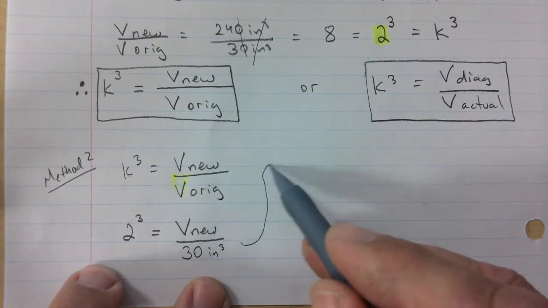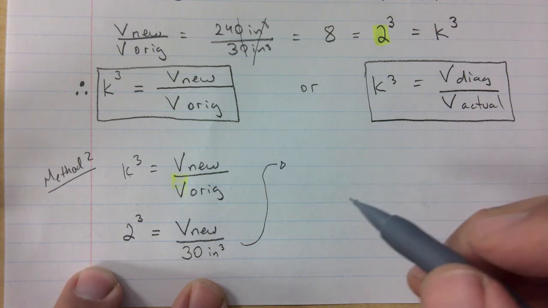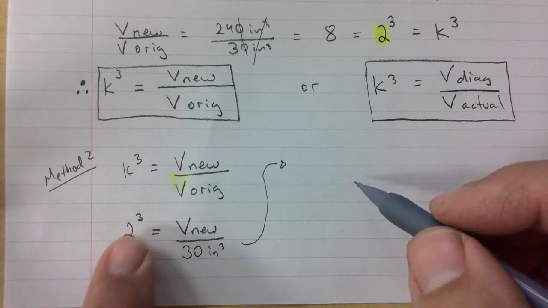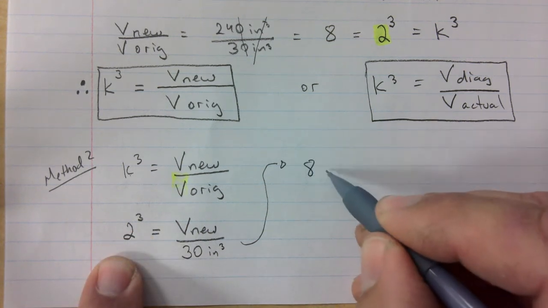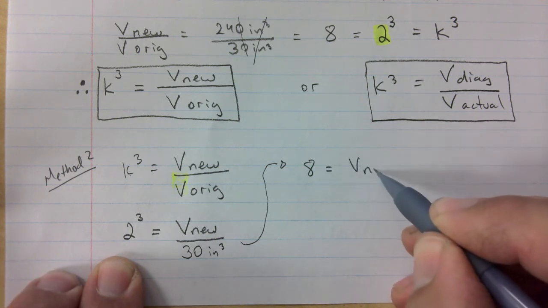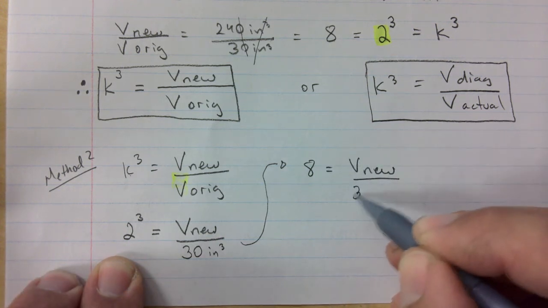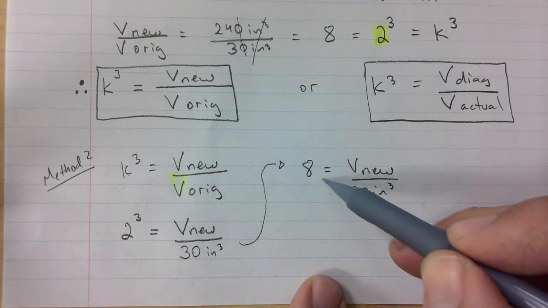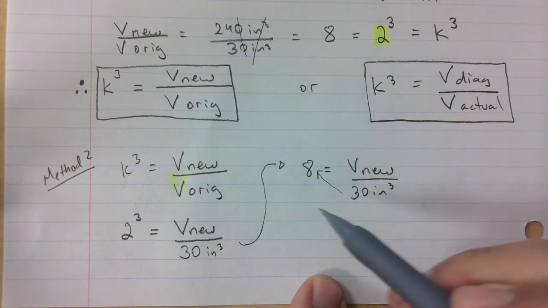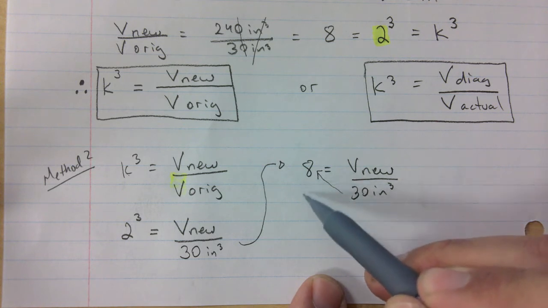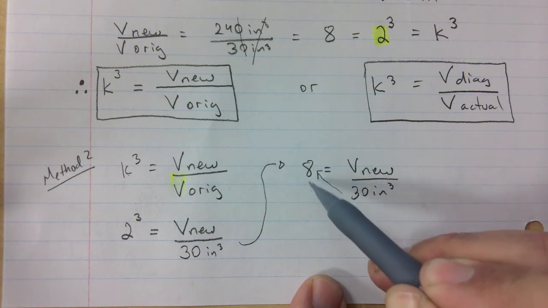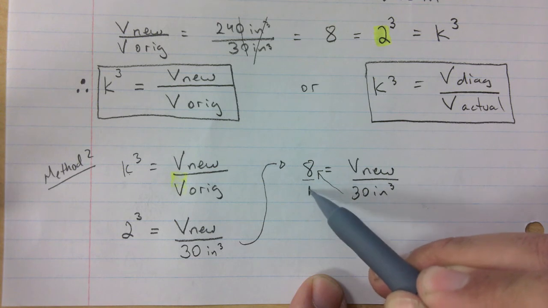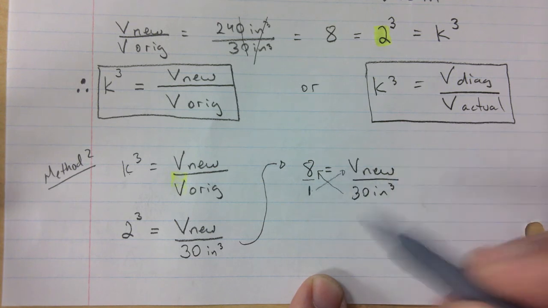I will continue over here. I find out what 2 cubed is, which is really 8. 8 is equal to volume of new over 30 cubic inches. You cross multiply, right? In this case, there is a 1 down here, folks. 8 over 1. Really, so it's just 1 times that.